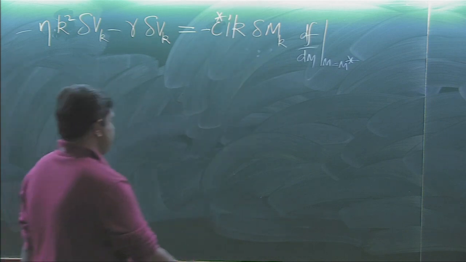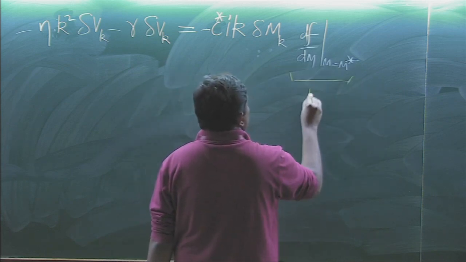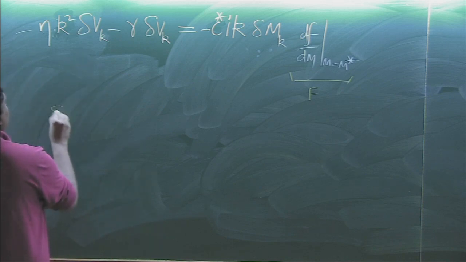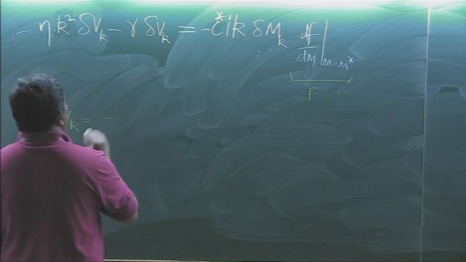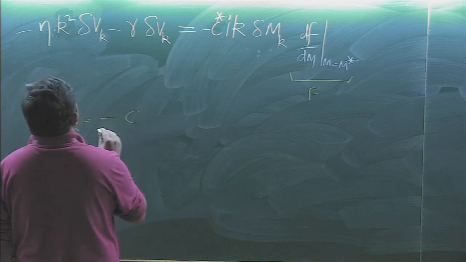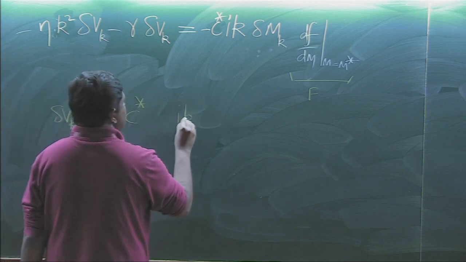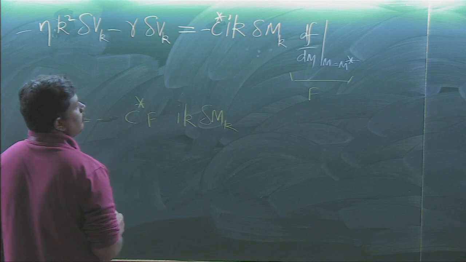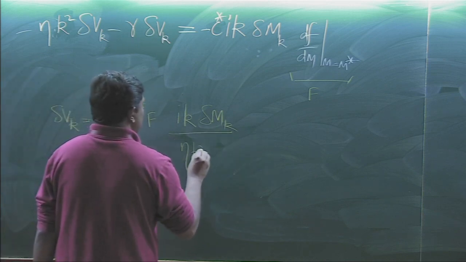I'll call this capital F, let's say. So you're basically saying that delta Vk is minus Ik delta m F divided by eta k square plus gamma.